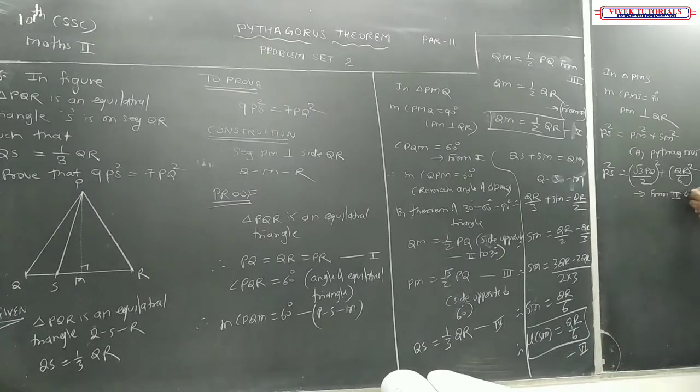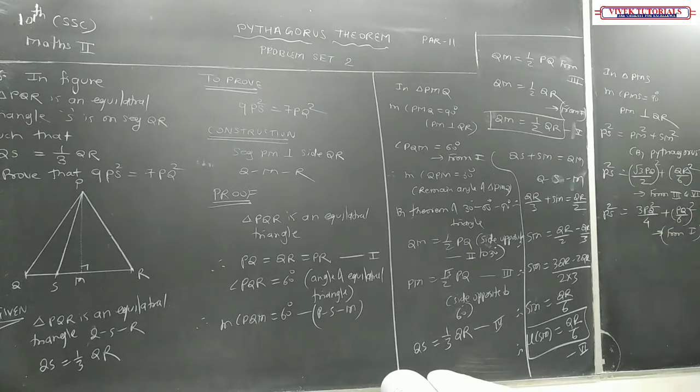So PS square is equal to 3PQ square upon 4, and instead of QR I can write PQ upon 6 the whole square, that is from 1.